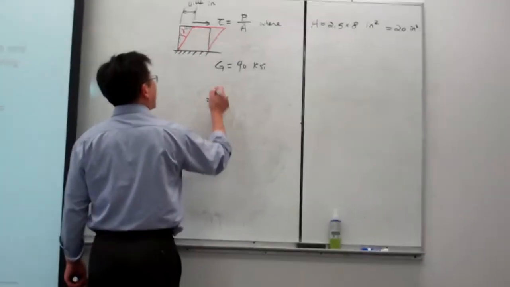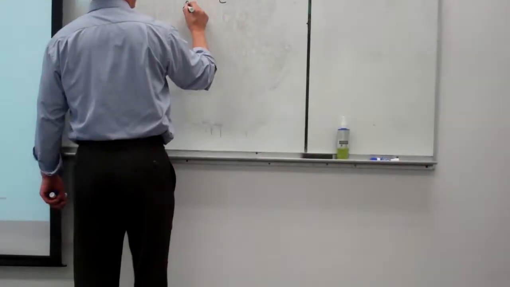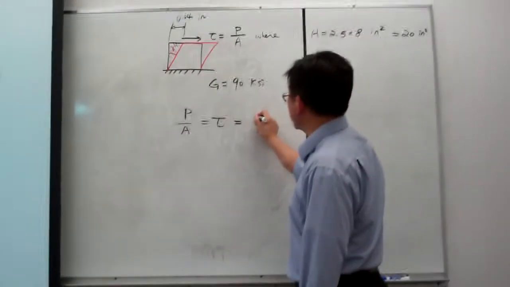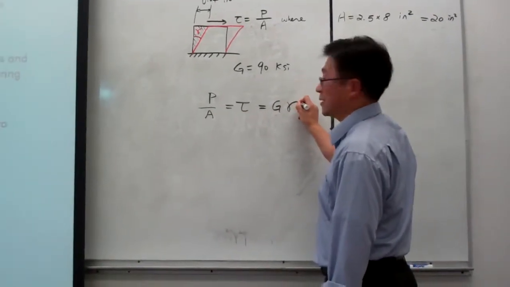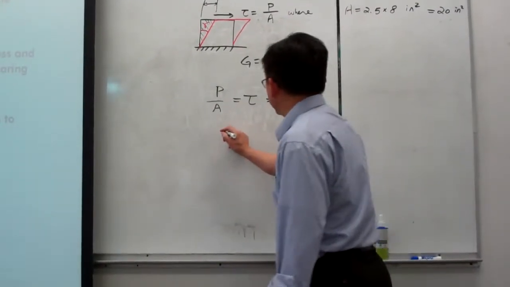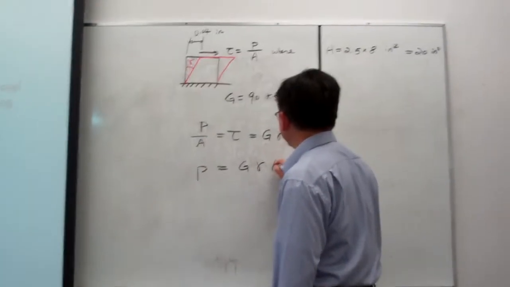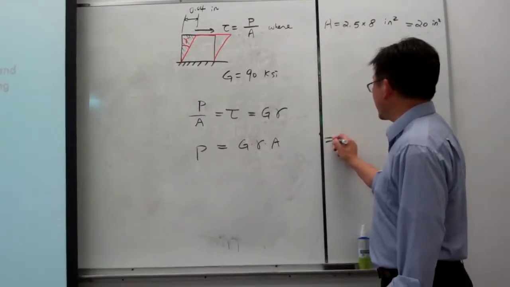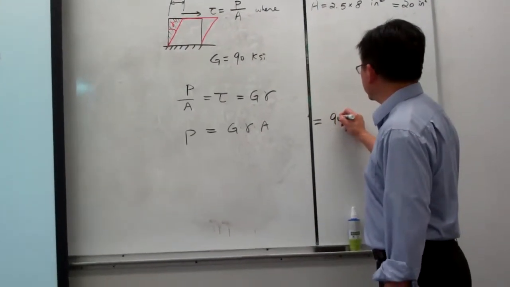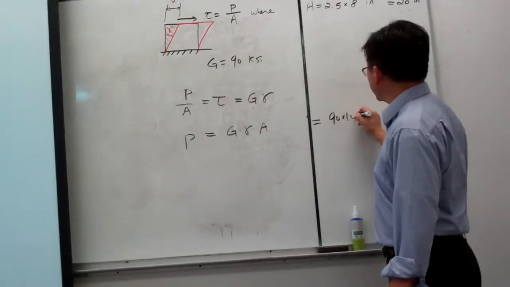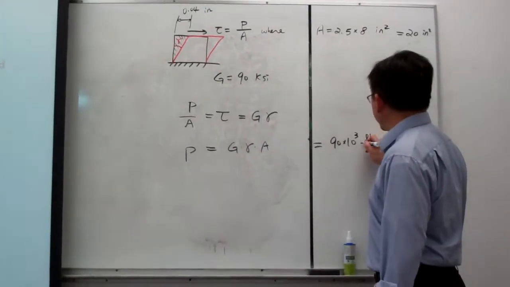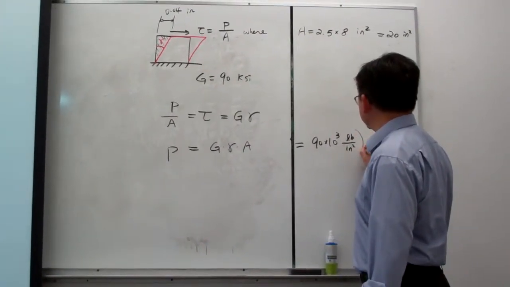Tau on one side equal to P over A. And the other side, using our Hooke's law, G times gamma. So therefore, P will be equal to G times gamma times A. So plug in the numbers, G equal to 90 KSI times 10 to the 3 is this one.